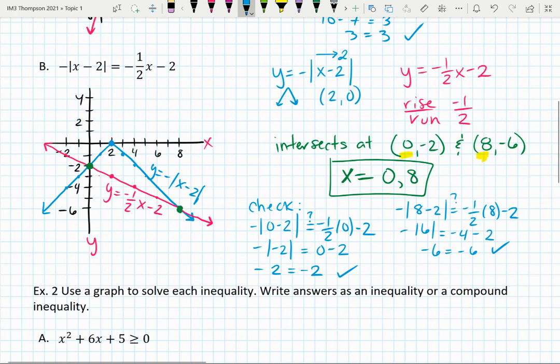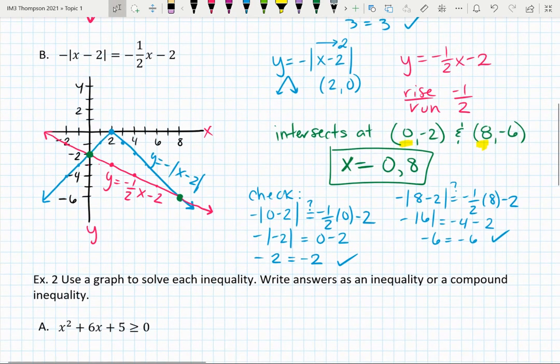Now, this whole section is all about solving by graphing. So are there other ways to solve? Yes, but this is what we're using. Any questions I can answer on example B?